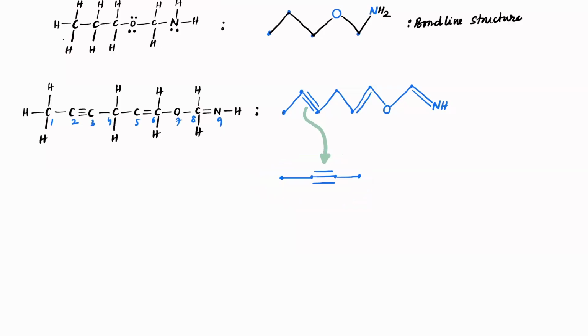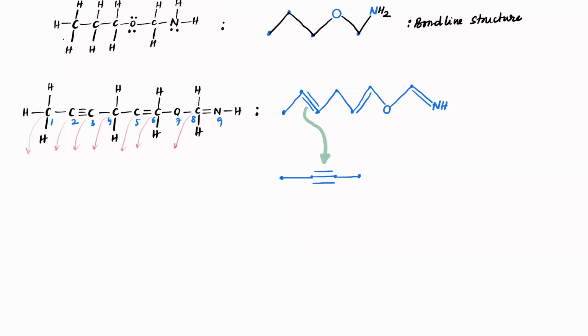Now, guys, suppose I ask you what is the hybridization, let's quickly analyze the hybridization for this carbon, this carbon, this one, this one, this one, this one, and this one. Check what the hybridization is in all these cases.